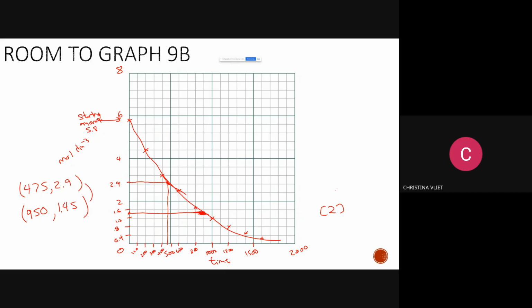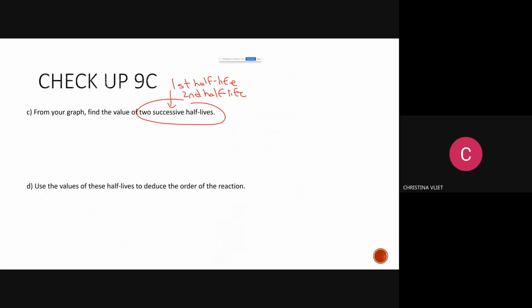When I half the concentration, how much does the half-life change by? 475 the first time and 475 the second time, because if I add 475 plus 475, I get 950. So what you're supposed to come up with is that the half-life time is the same.